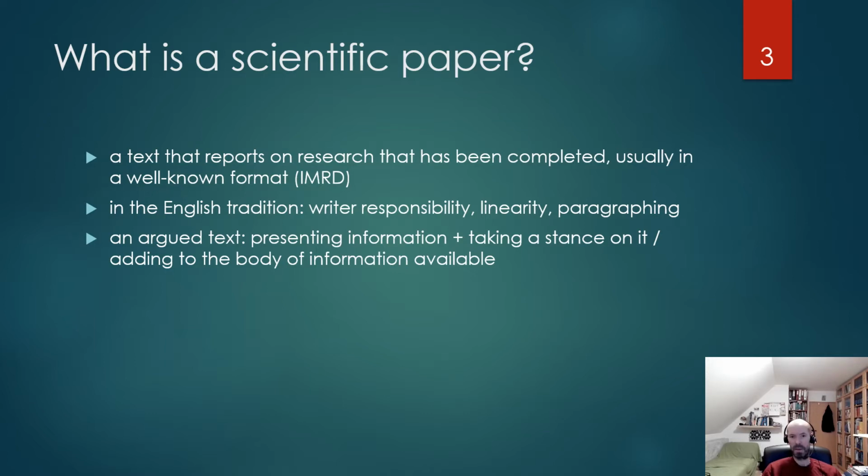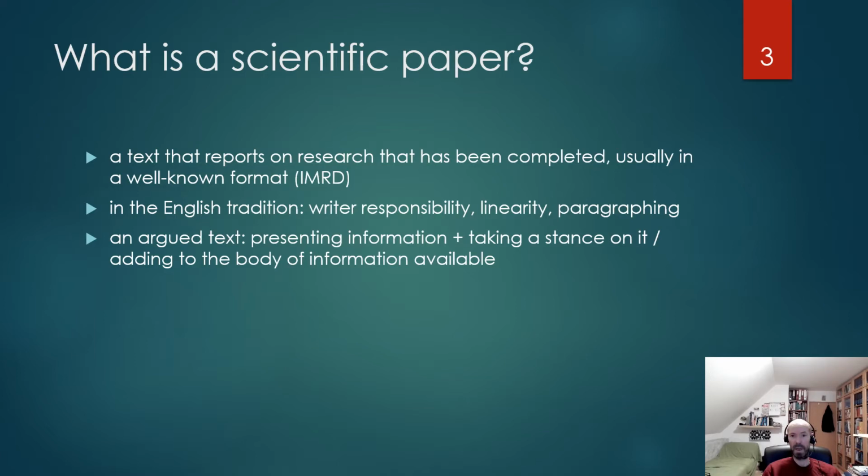Linearity, that's a second point. So English texts tend to be fully linear. One point follows logically from the preceding one, which is not always the case in German texts, or texts from Arabic countries, for instance, people with an Arabic background whose texts tend to be circular, or what we call point late.